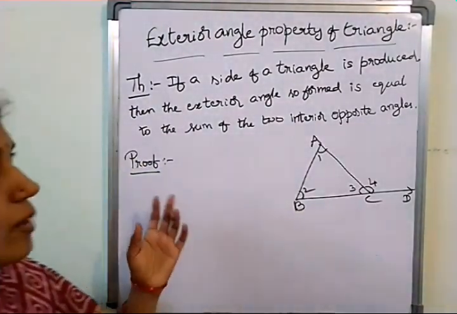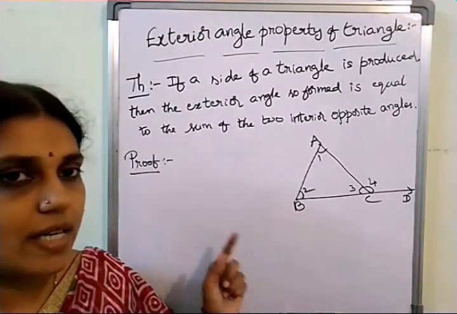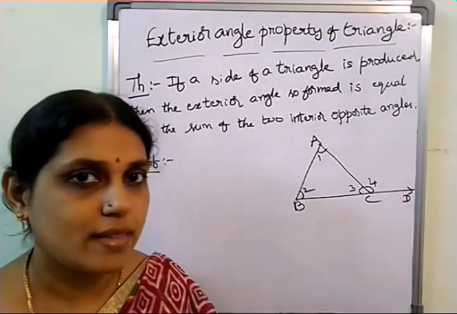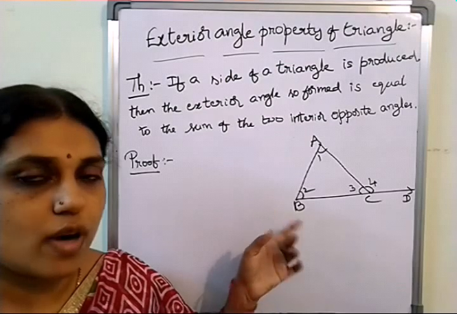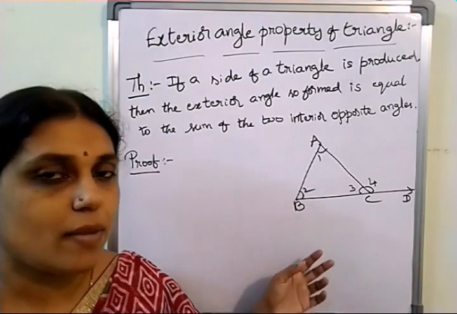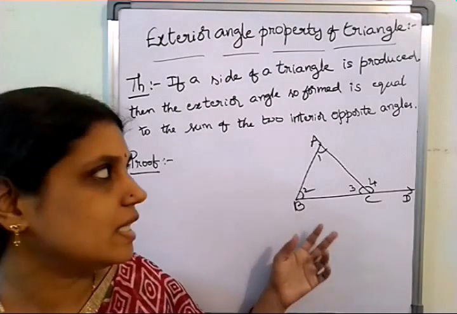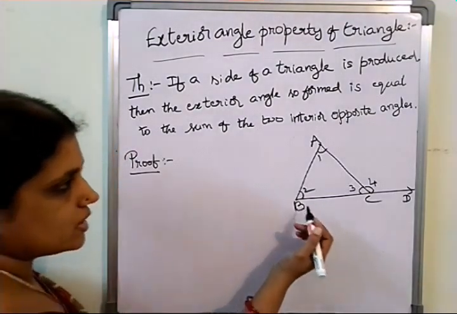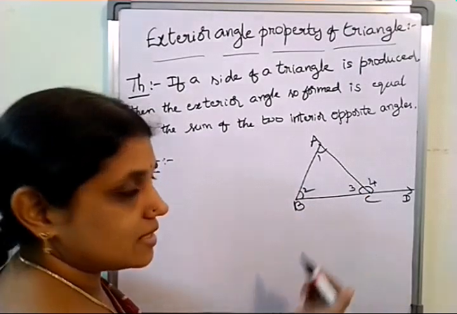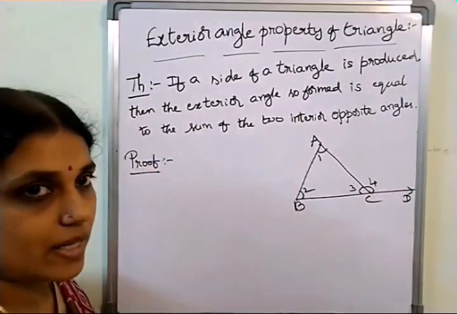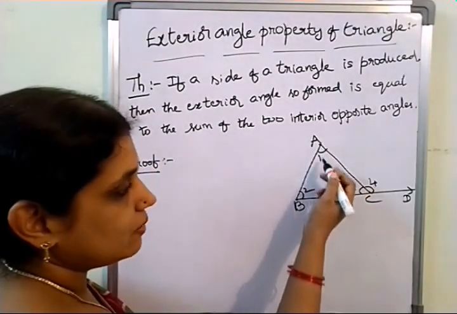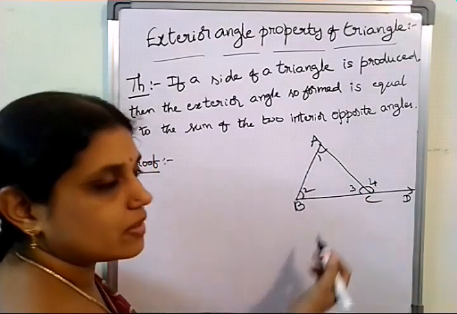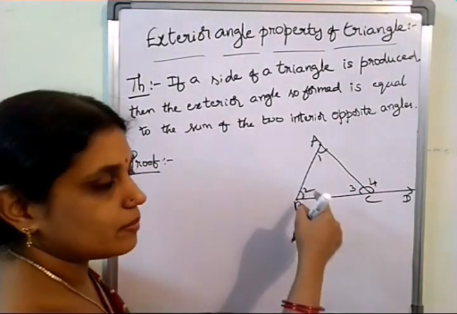So what is the exterior angle property of triangle? If a side of the triangle is produced, then the exterior angle so formed is equal to the sum of two opposite interior angles. Okay. So now we are going to prove it. Here actually just now we have learned angle sum property of triangle also. That is angle 1 plus angle 2 plus angle 3 is equal to 180 degrees from this figure.